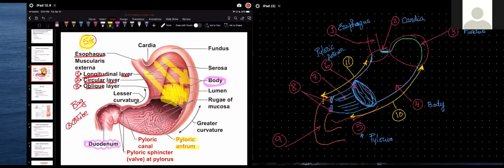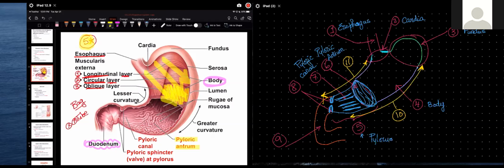And then we have this constricted region in the pylorus. You remember, what do we call this? This is my pyloric canal. And what do we call the muscles that will be guarding the exit of the chyme from the stomach to the small intestine?